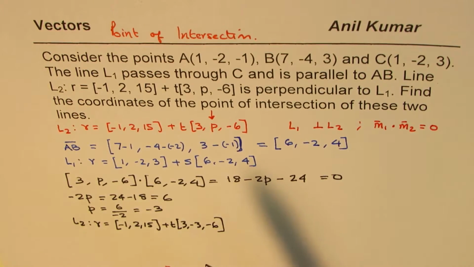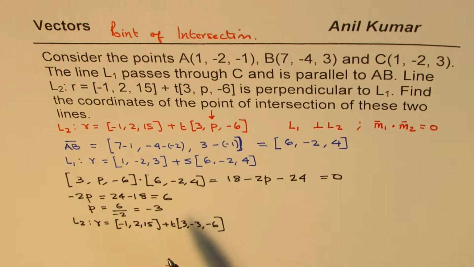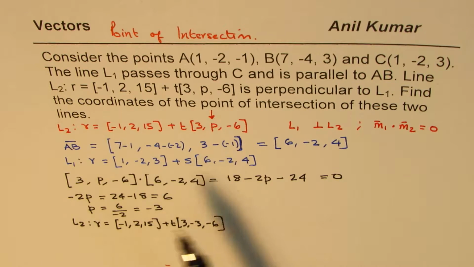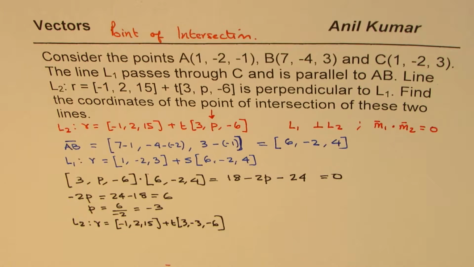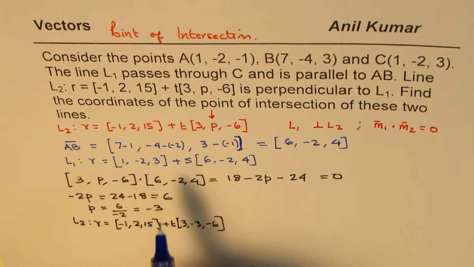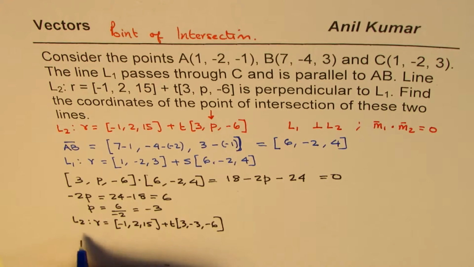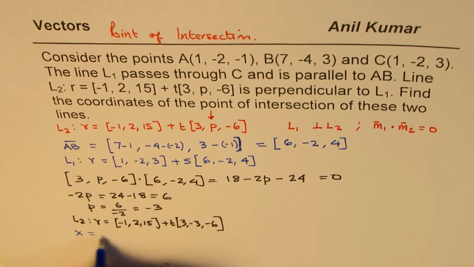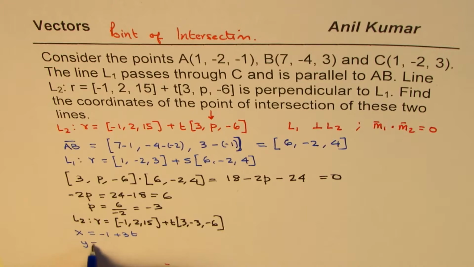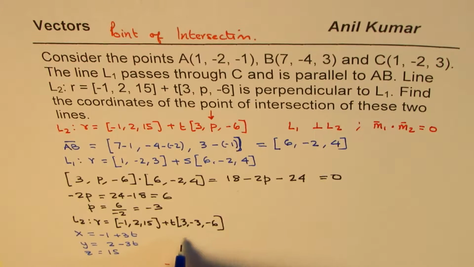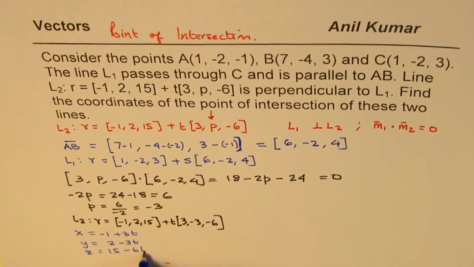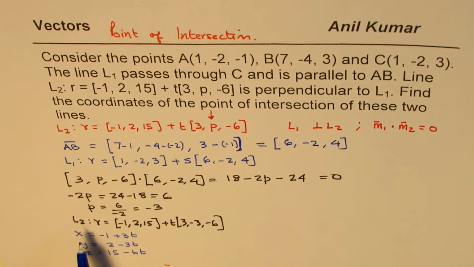To find the point of intersection, we can match their parametric equations and solve the equations. For L2: x equals -1 + 3t, y equals 2 - 3t, and z equals 15 - 6t.